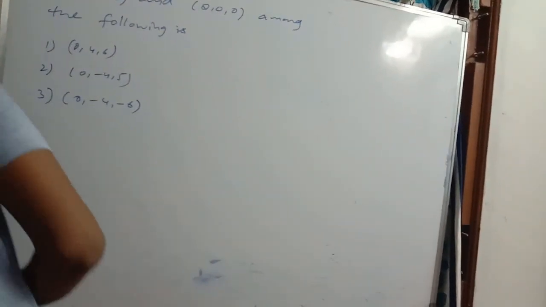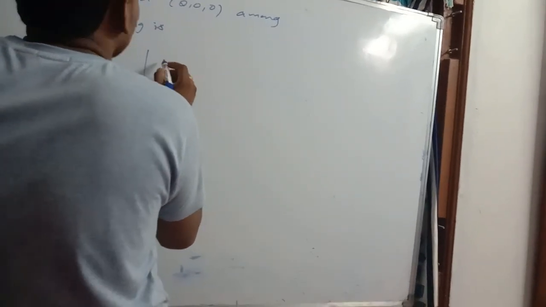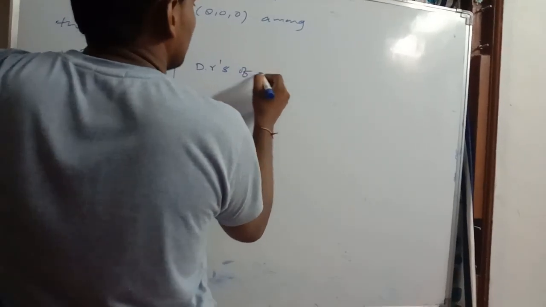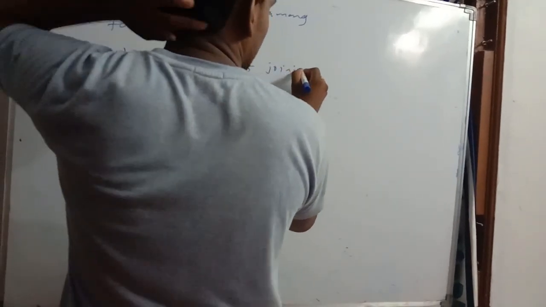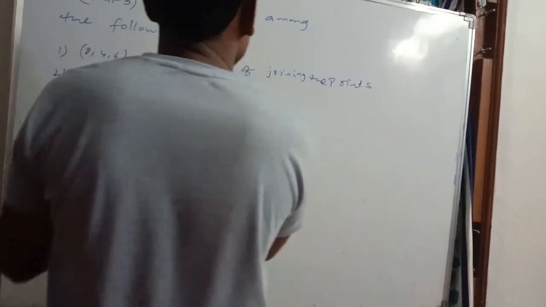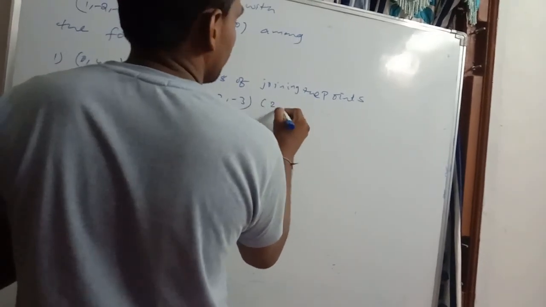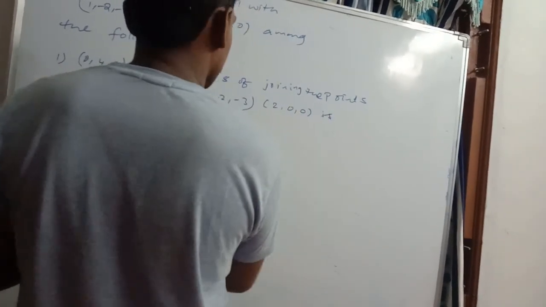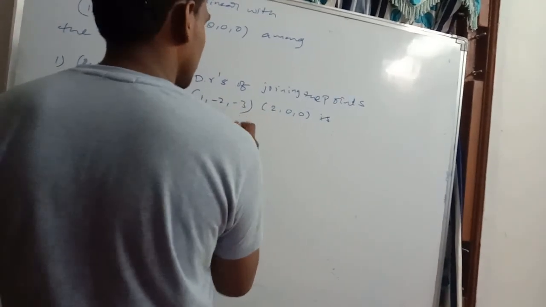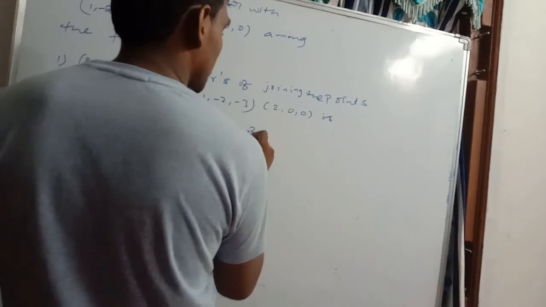Here first take the two points and find the direction ratios of the line joining the points (1, minus 2, minus 3) and (2, 0, 0), which are x2 minus x1, y2 minus y1, and z2 minus z1, and this is 1.